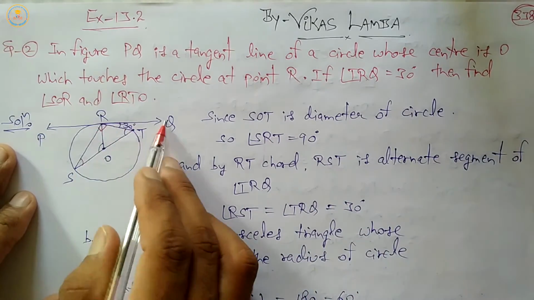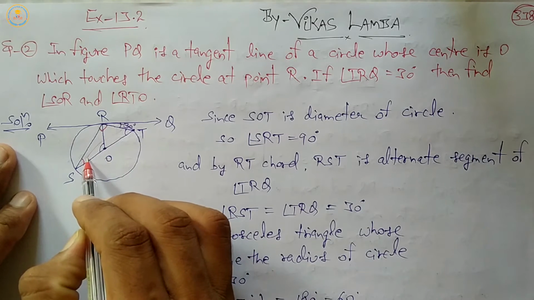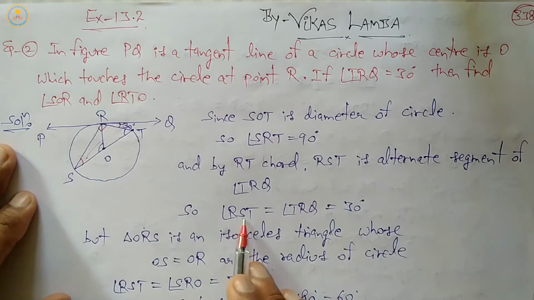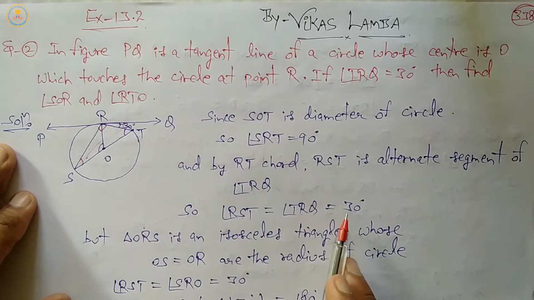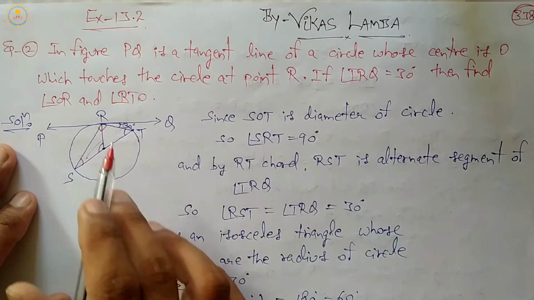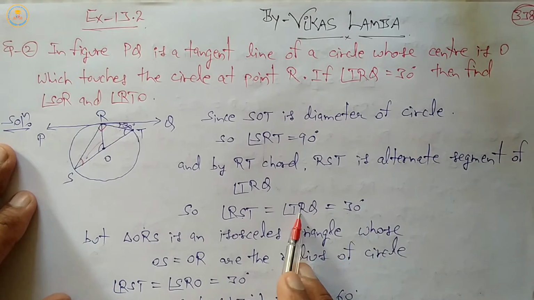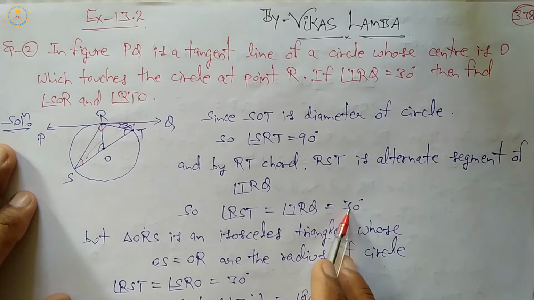Alternate to TRQ means this one is the alternate angle. Therefore, angle RST equals angle TRQ, which equals 30 degrees. It means we can say that these two angles are equal.